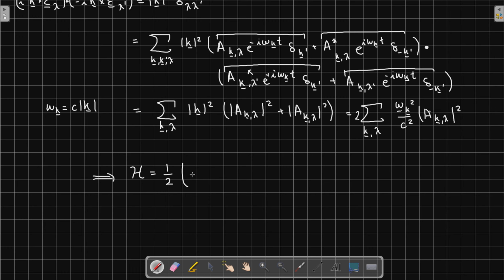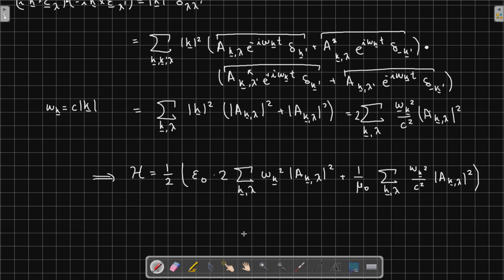1/2 times epsilon 0 sum over k and lambda omega k squared a k lambda squared plus 1 over mu 0 sum over k and lambda of omega k squared over c squared a k lambda squared. Okay, this is just a bit of algebra.